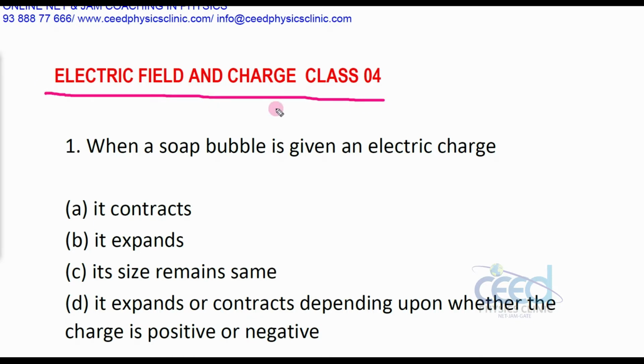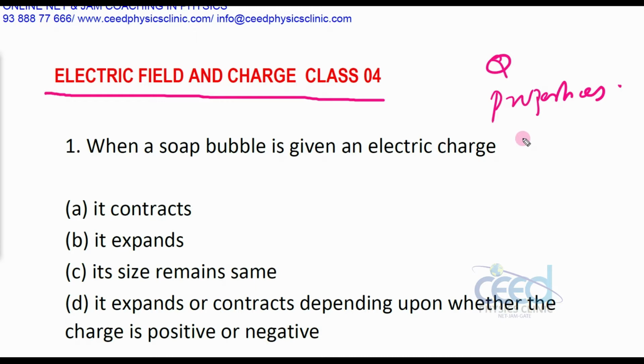So in the first three lectures we have seen what is an electric charge and what are the properties of electric charge, and then we have seen the gold leaf electroscope, the method of identification of charge on a body using a gold leaf electroscope.